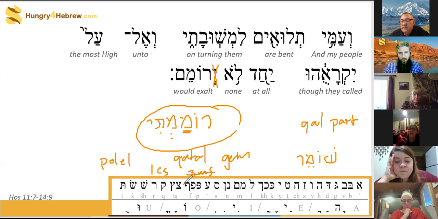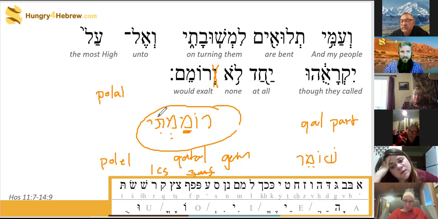So this is how the polel binyan works. Now, let's turn this into a passive polal. If romamti is active tense, I am doing the action, what is the passive? It is done to me. I'm afraid it is identical.